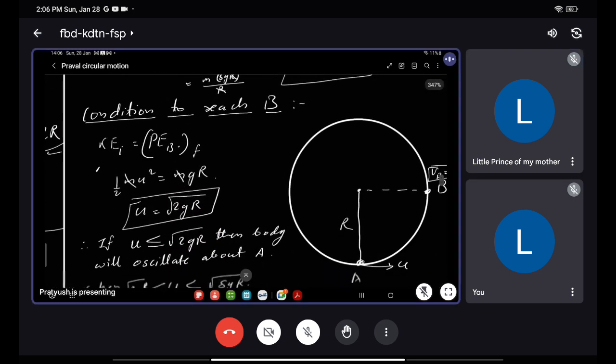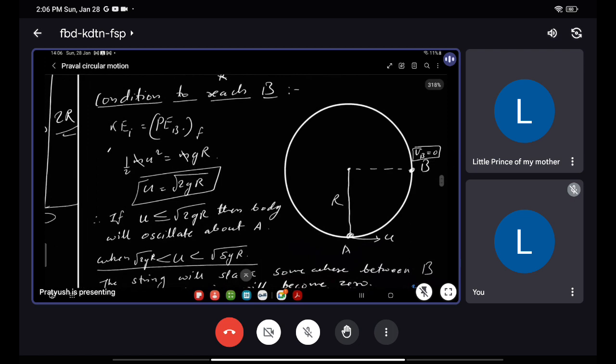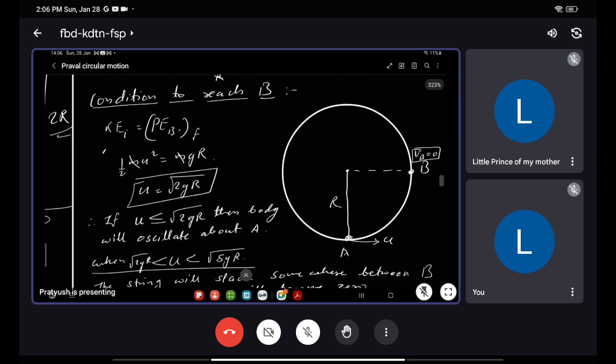Done. Next is the condition to reach point B. It means the pendulum is reaching point B and coming back. It is not going beyond B. It means that at point B, its kinetic energy will become zero.